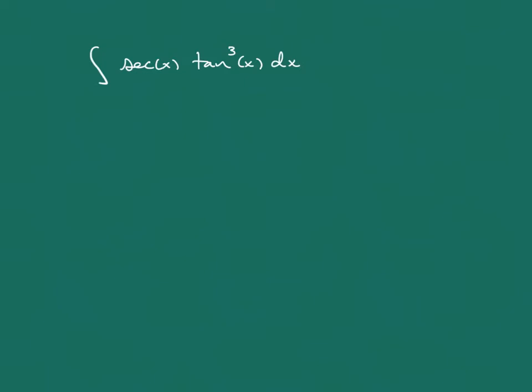All right, so in this case, now let's see what happens when the power on tangent happens to be odd. What we can do in this case, the flip side of the first case where we wanted to do a u substitution involving secant, is to get a u substitution with u being secant of x.